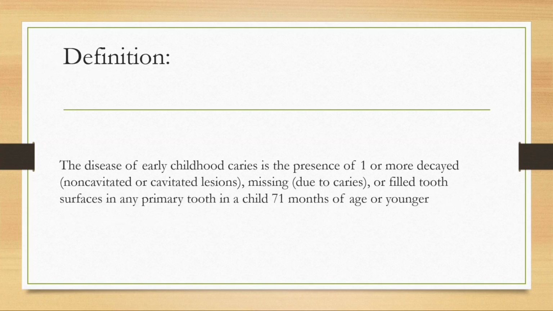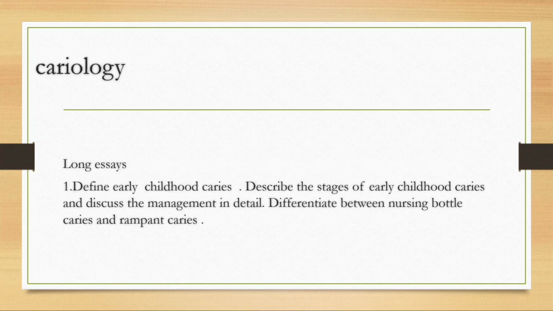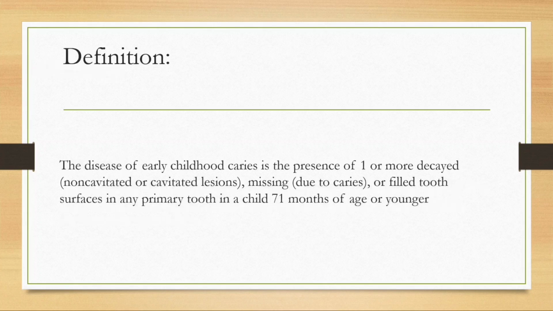So let's see the definition of early childhood caries. It is the presence of one or more decayed, non-cavitated or cavitated, missing or filled tooth surfaces on any primary teeth in a child that is 71 months of age or younger. 71 months means almost 6 years.